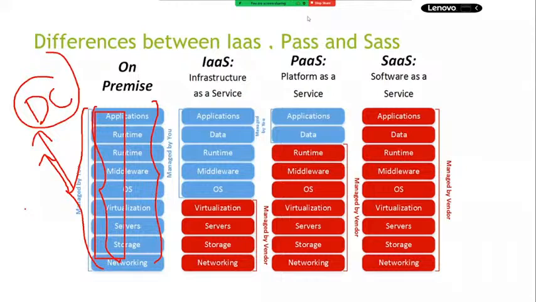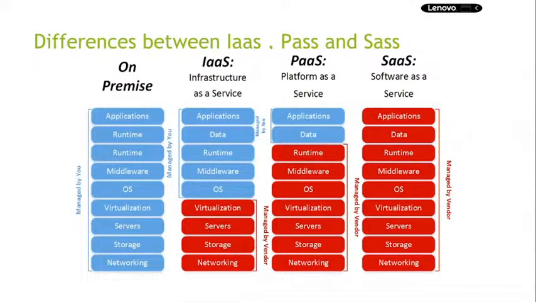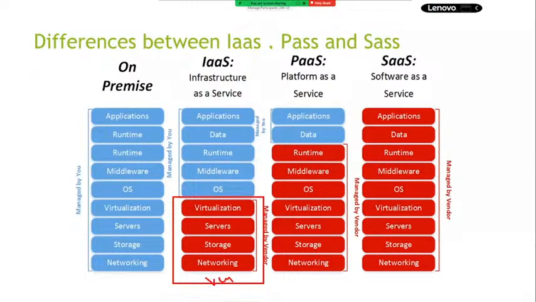That is on-premises. Next, in the cloud, if you go for Infrastructure as a Service, see guys, carefully observe the things highlighted in red color; those will be taken care of by the vendor. Now, would you like to deploy Windows operating system or Linux? That totally depends on business requirement.